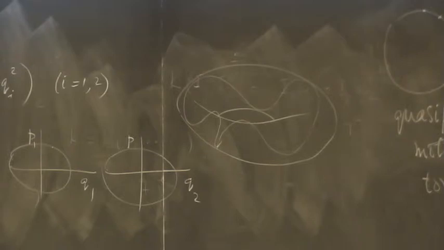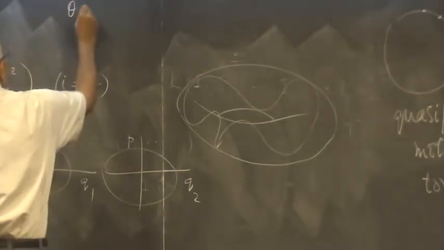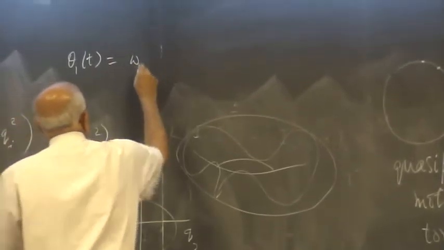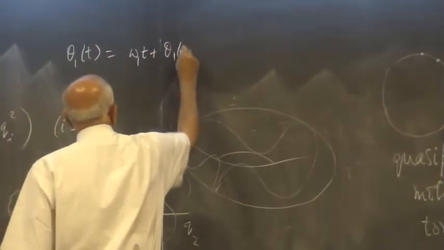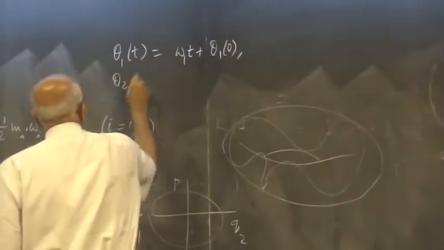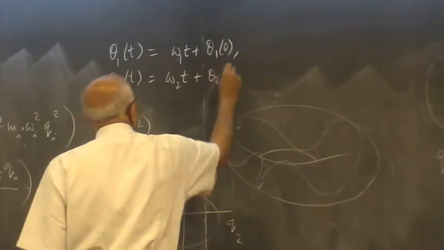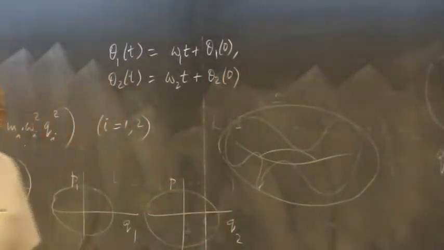But you can see how that's going to happen, because I pointed out that theta 1 of t was equal to omega 1 t plus theta 1 of 0, and theta 2 of t equal to omega 2 t plus theta 2 of 0 in this manner.